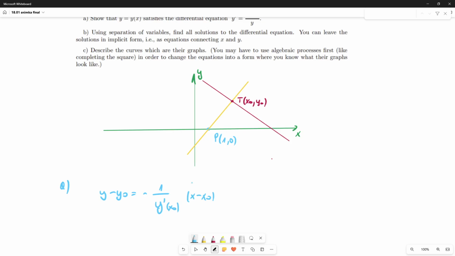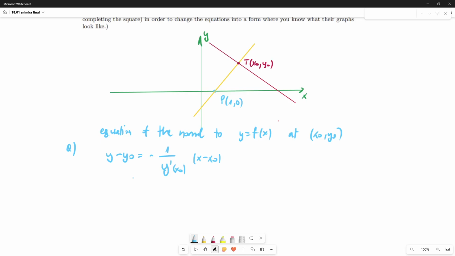This is the slope of a normal. So this is the equation of a normal to y equals f of x at the point x0, y0, which belongs to the graph.